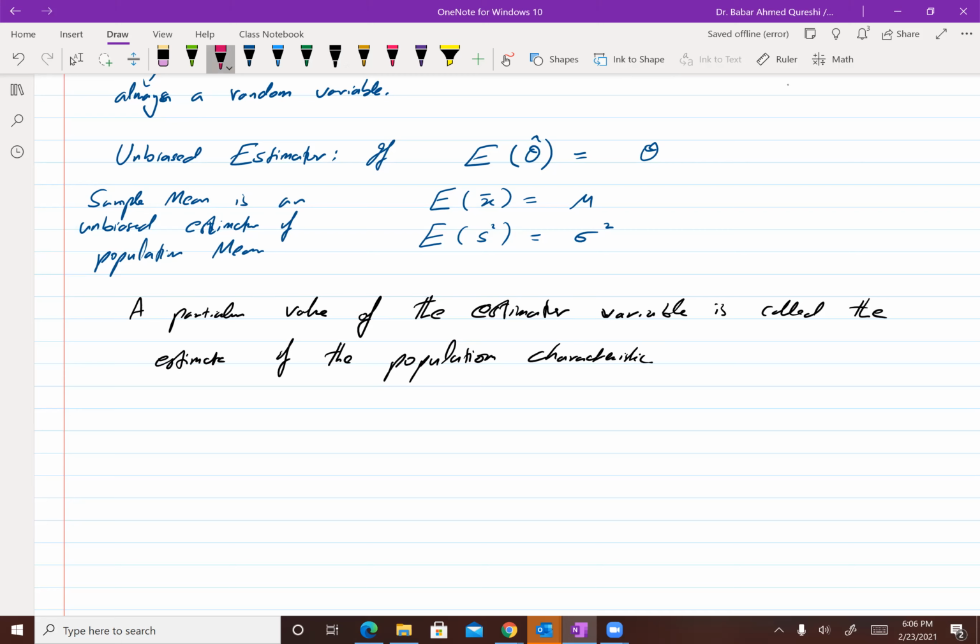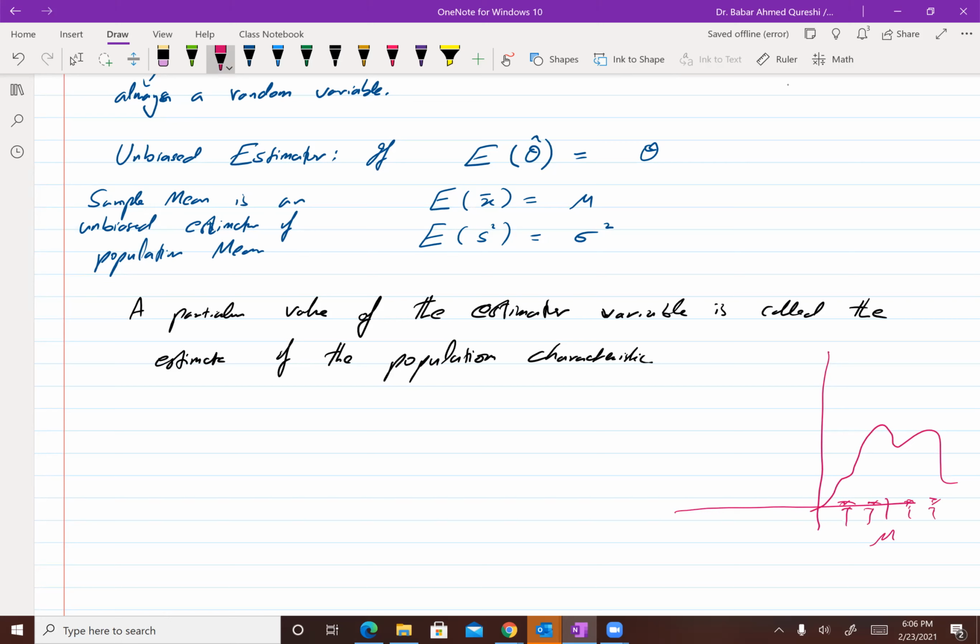Now, this estimate would be distributed according to whatever its probability distribution is. If it is unbiased, with this being the population characteristic, it will be spread around it. A particular value will be spread around the mean value of this estimator. So in a particular trial, you will not get exactly this, you will get some other value.